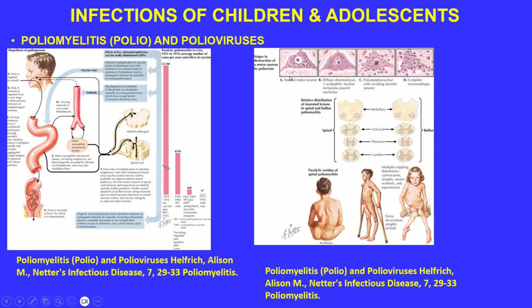This provides you with an idea of the stages of the destruction here. Eventually what happens is that as the cell is destroyed, of course, you have viral replication going on.